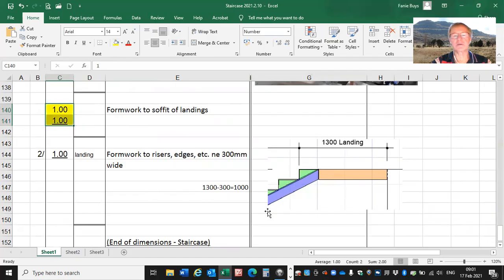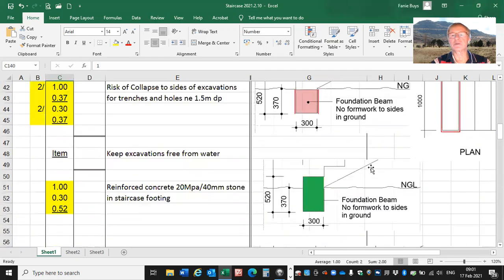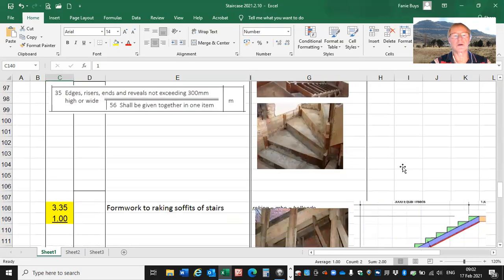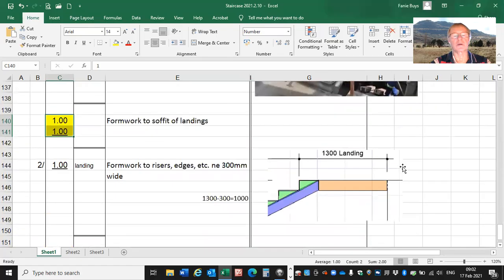And then the last item is actually the formwork to this part, to the edge of the staircase. In other words, if we go back to our little drawing, it is the formwork to that edge there and that edge of the staircase. That is what this formwork is all about. So it is to that part there.